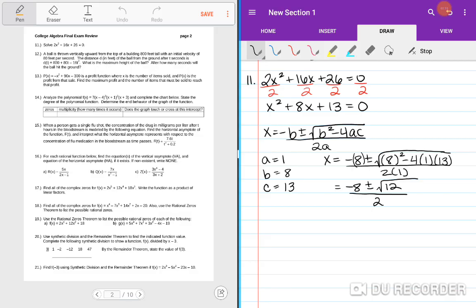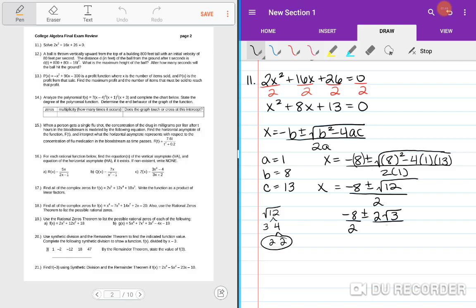Okay. Now, of course, this can be simplified further, because we have this radical that we can simplify. So the square root of 12, if you break down your 12 to 3 and 4, and then 2 and 2 here, you got a pair of 2's. So this can come out as 2 square root of 3.